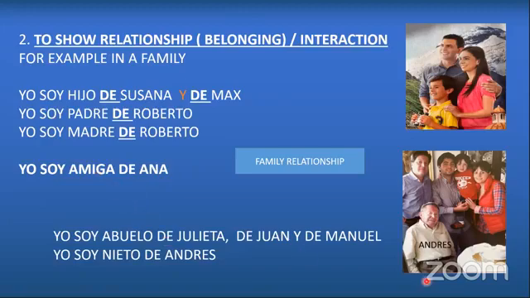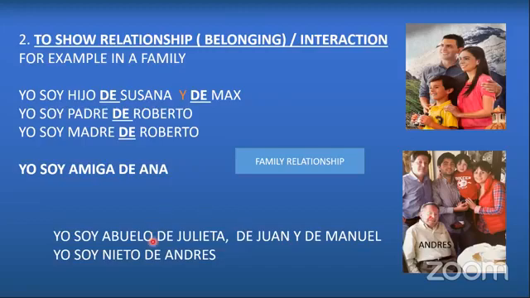Next one here. Look, this gentleman here, this grandpa sitting here, is saying, yo soy abuelo de Julieta, de Juan y de Manuel. And this guy is probably saying, yo soy nieto de Andrés.